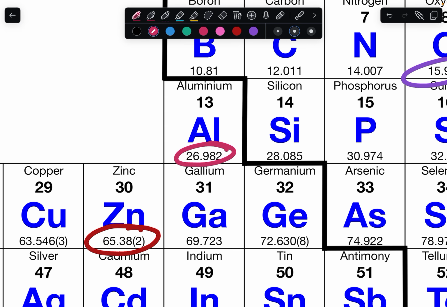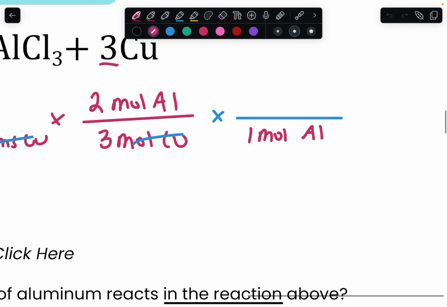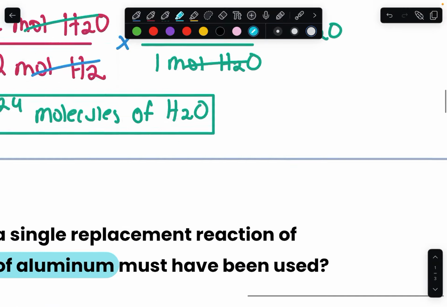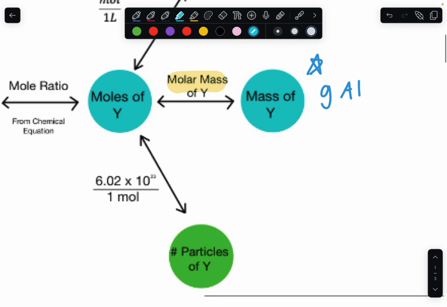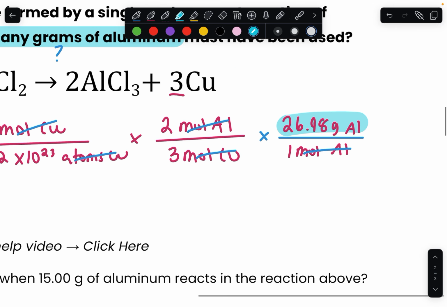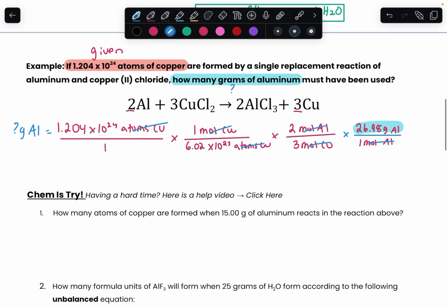We're going to go ahead and pull those first 2 decimals, the 26 and the 9 and the 8. Moles of aluminum cancel. Let's go ahead and evaluate. Are we left with the unit we want? The unit that we are looking for was mass of Y, or grams of aluminum. It appears as if we are left with that proper unit.